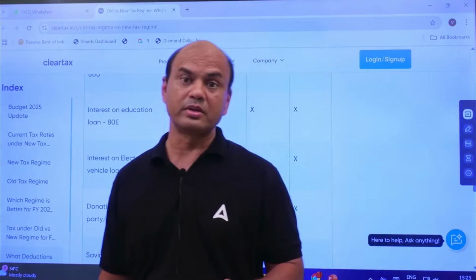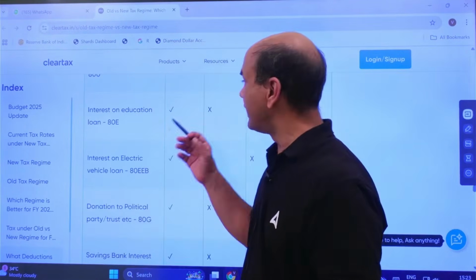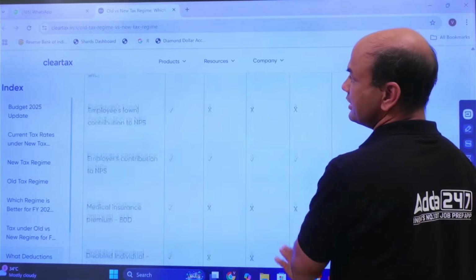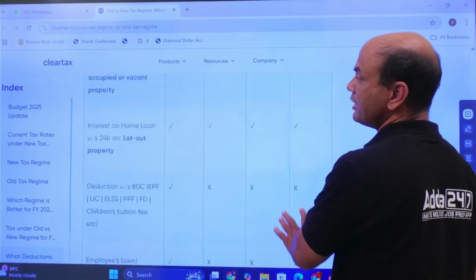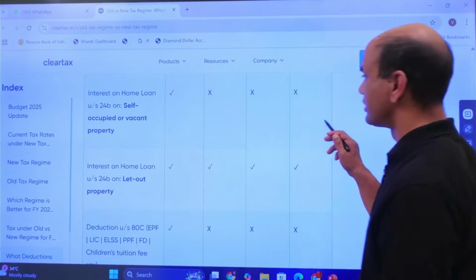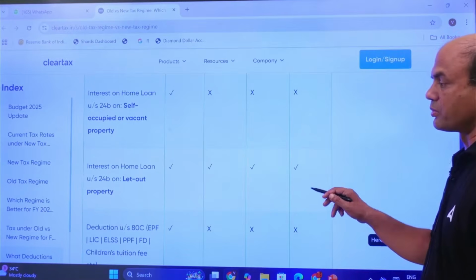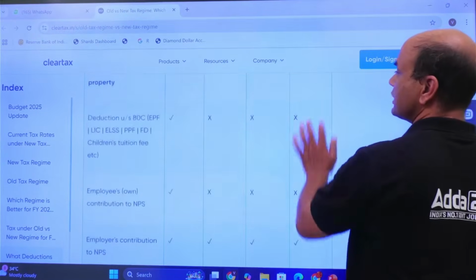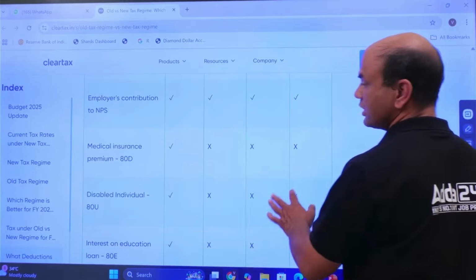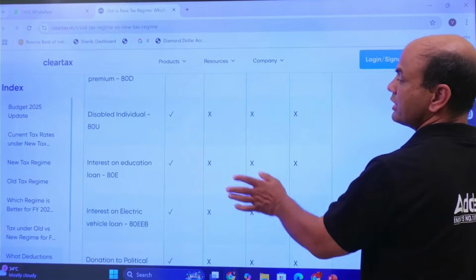Home loan principal also not there. And home loan is very important. That is the main part, isn't it? Mainly we have this home loan, 24B. So this is removed for self, and for let out property it's allowed. Then medical insurance 80D not there. 80U not there.